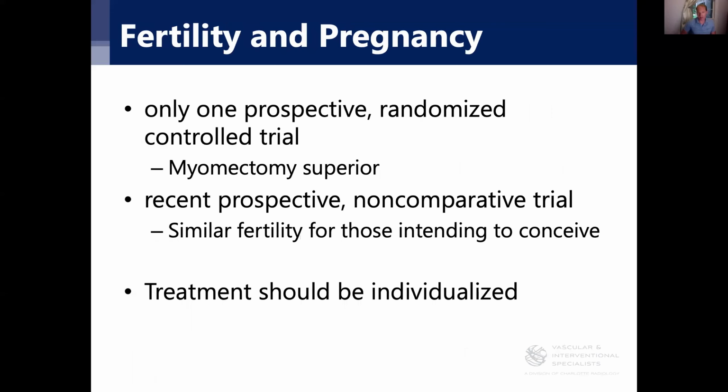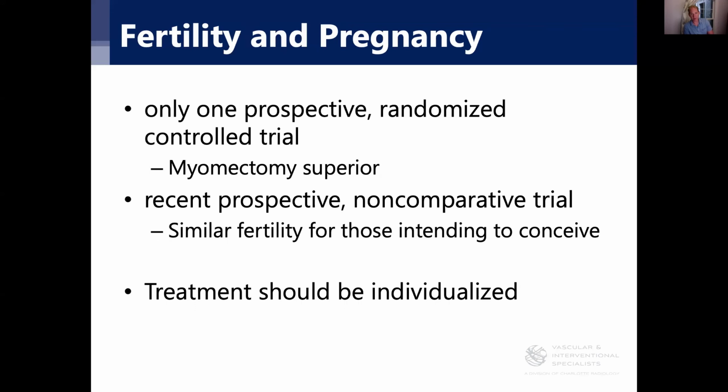I'll save this for last, but this is very controversial, and different providers will tell you different things: fertility and pregnancy after UAE. I always told patients, I still do, myomectomy is basically the standard that they use, but many people have had uterine embolization and go on to conceive.